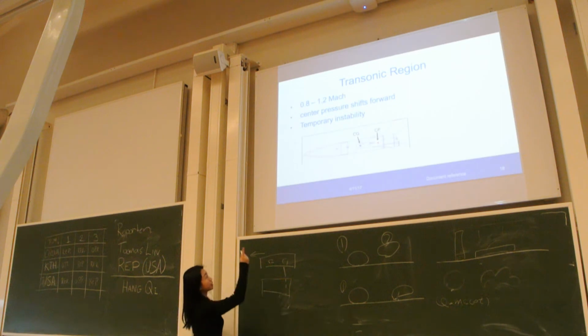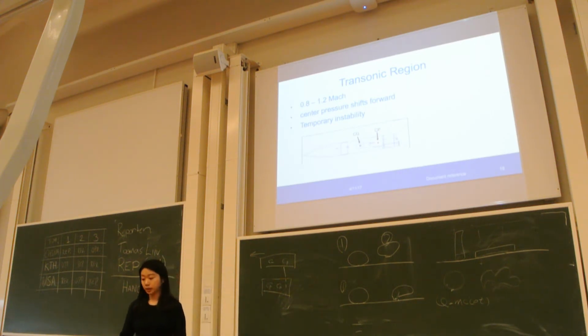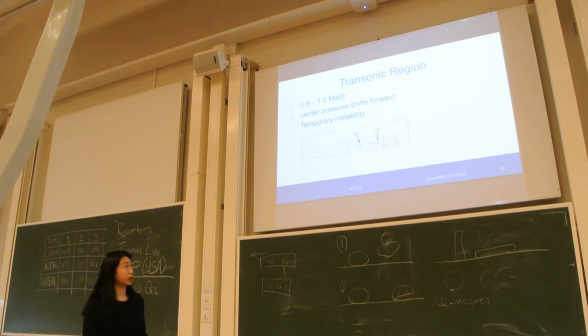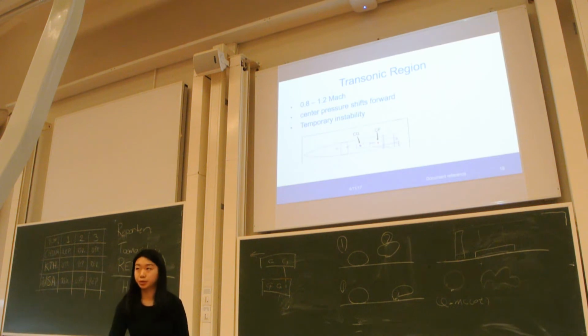And during the transonic region, the center of pressure would sometimes shift in front of the center of mass, which would cause the bullet to behave in an irregular way. This factor is also very hard to calculate, but it sometimes happens during the transonic region if the shift is enough to push the center of pressure in front of the center of mass.